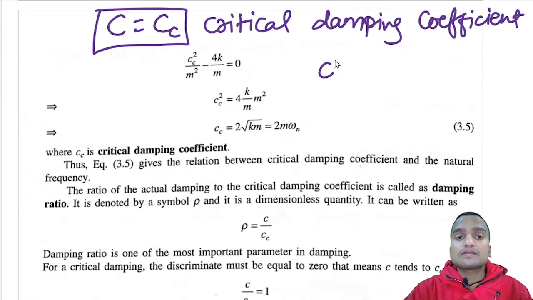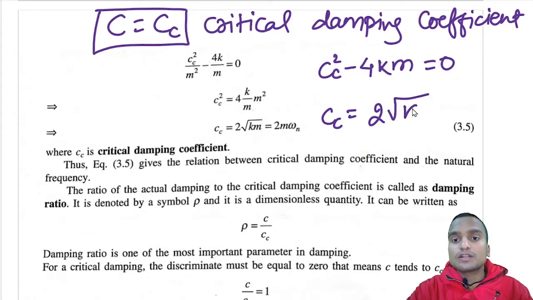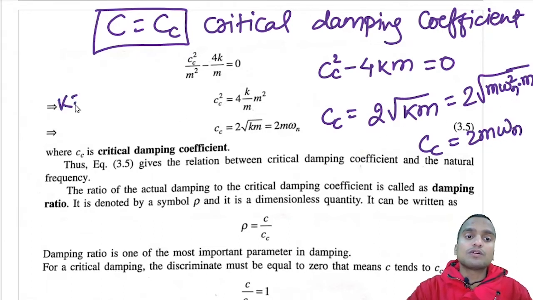As we have discussed, Cc² − 4km = 0, so we can write Cc = 2√(km). And we know that k can be expressed as m ω², so putting in 2√(m ω² · m), it will be written as Cc = 2mωn, because k = mω².